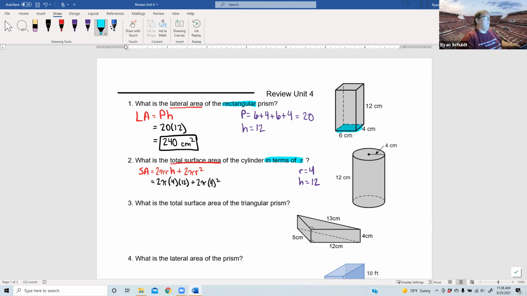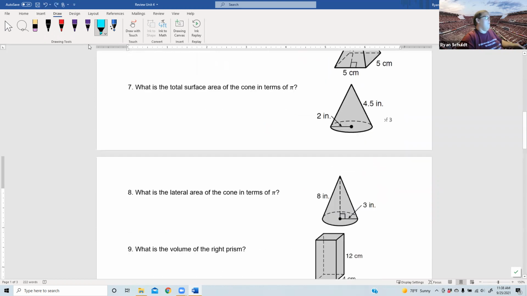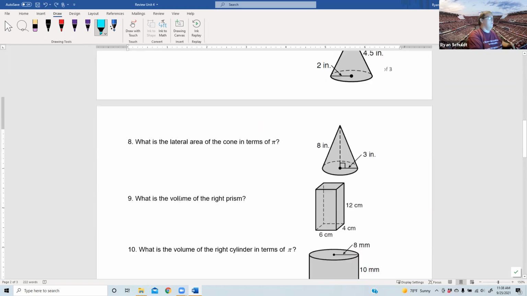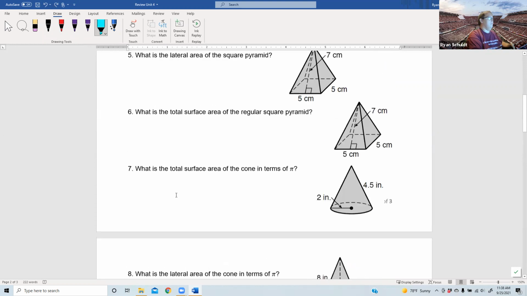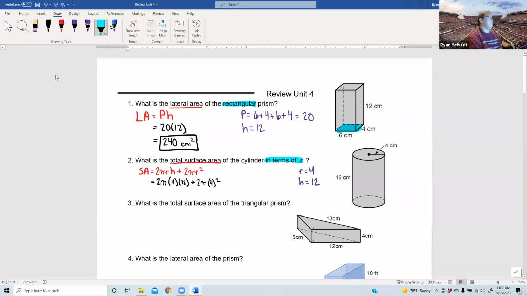Okay, so let's see. That means I need to type in everything but the pi into my calculator. So I'll do 2 times 4 times 12 plus 2 times 4 squared.